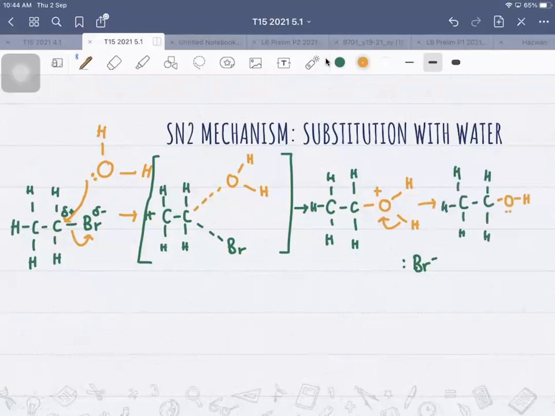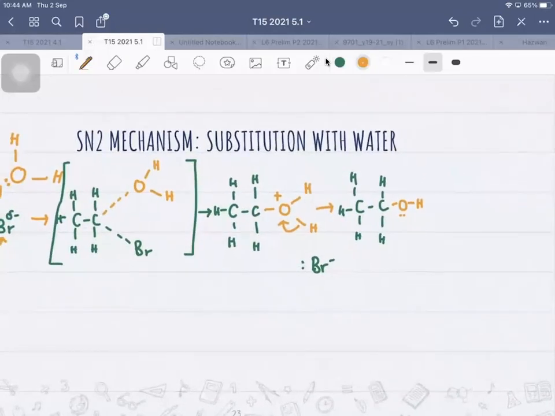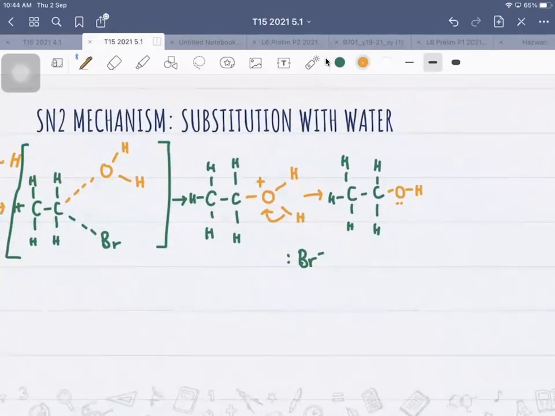You can choose to draw the lone pair on the oxygen, or you can just leave it as OH, right? So that means your other product would be H plus from the water, Br minus from the halogenoalkane, okay?